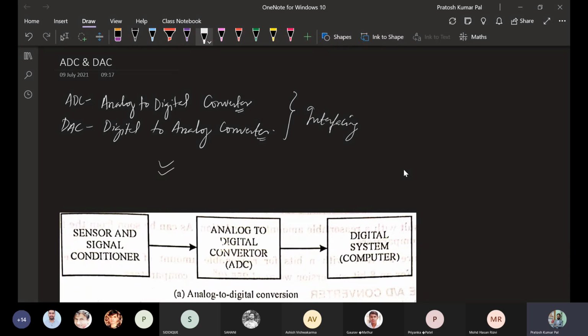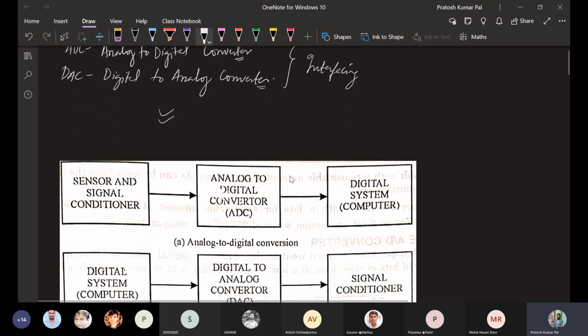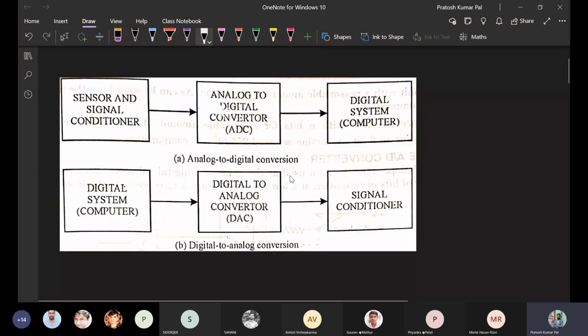This is how the conversion is required in processing. If we are going to do processing through a microcontroller or processor, we require an analog to digital converter and a digital to analog converter.